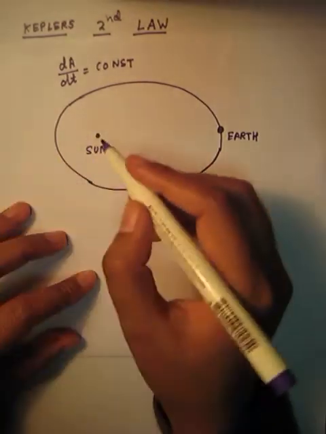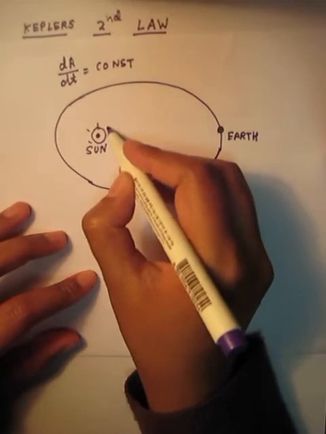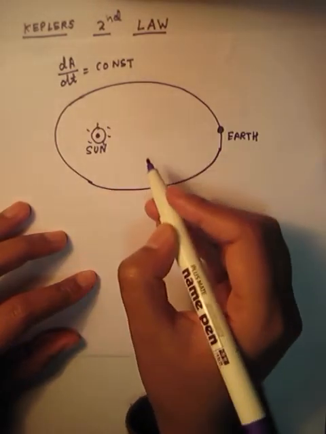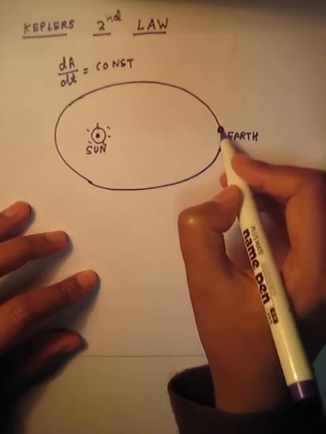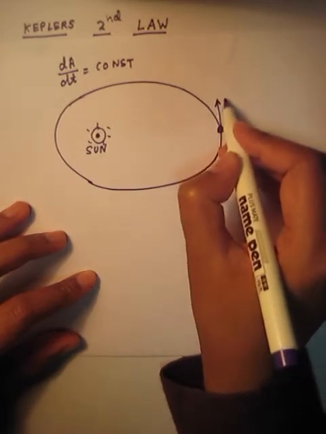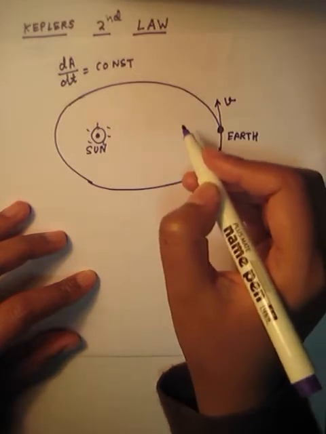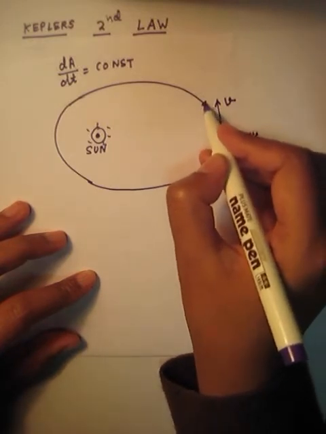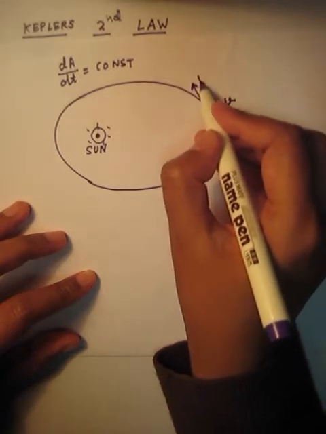Here you have the Sun. What dA upon dt means is, Earth is moving with some velocity v at this point, and after some time it reaches here, moving with some velocity v.